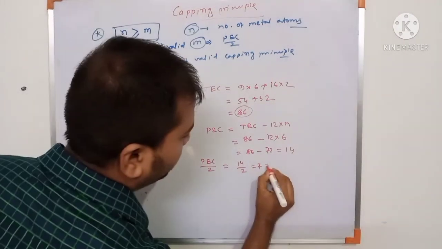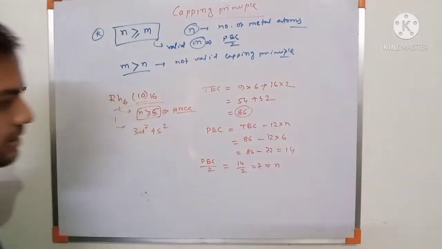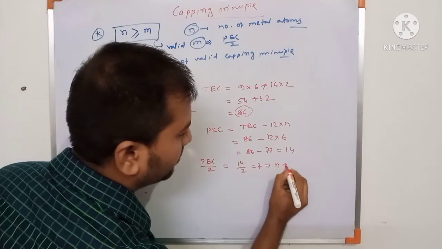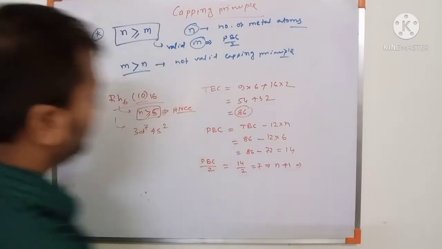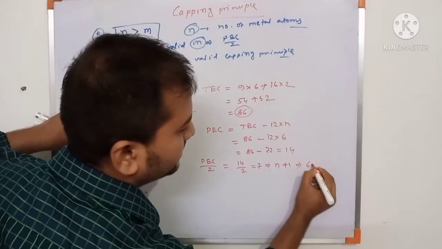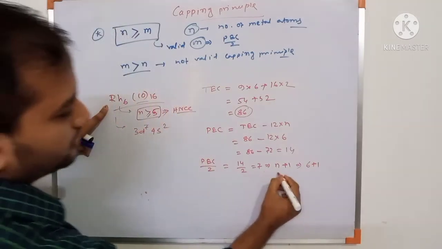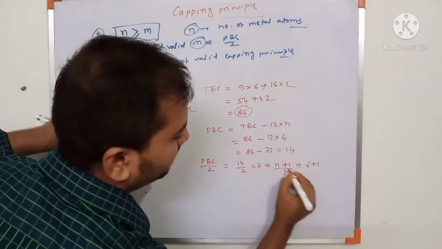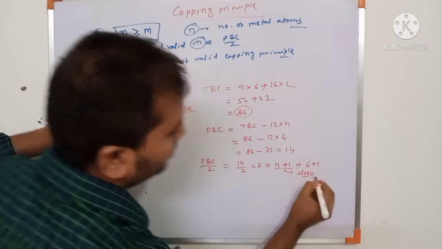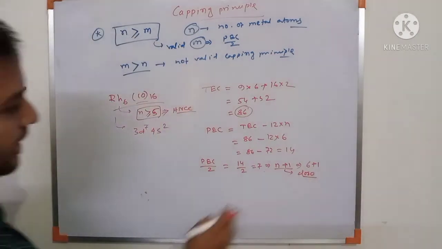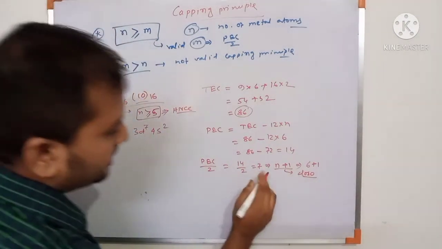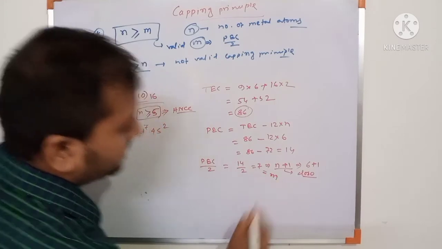So 7 is N plus 1, where N is 6. So this is the N plus 1 rule, which is closo geometry.